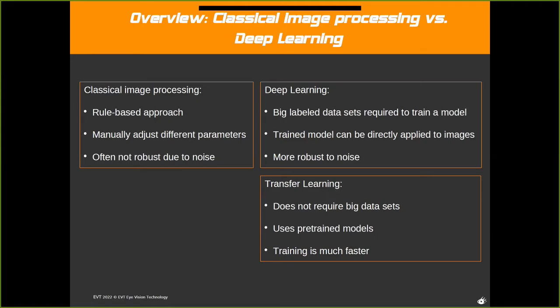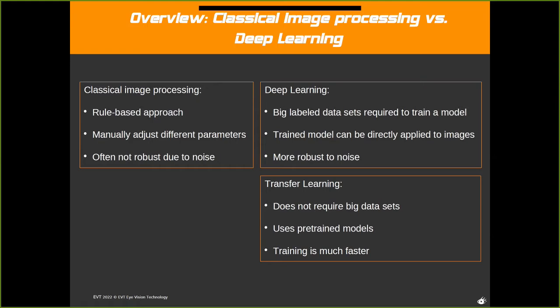So then we can introduce deep learning, we actually do everything with a model, a deep learning model. There you have already this kind of filters that was in classical image processing, but it's just with this model that you can directly apply to your images, and the results are also more robust to noise.